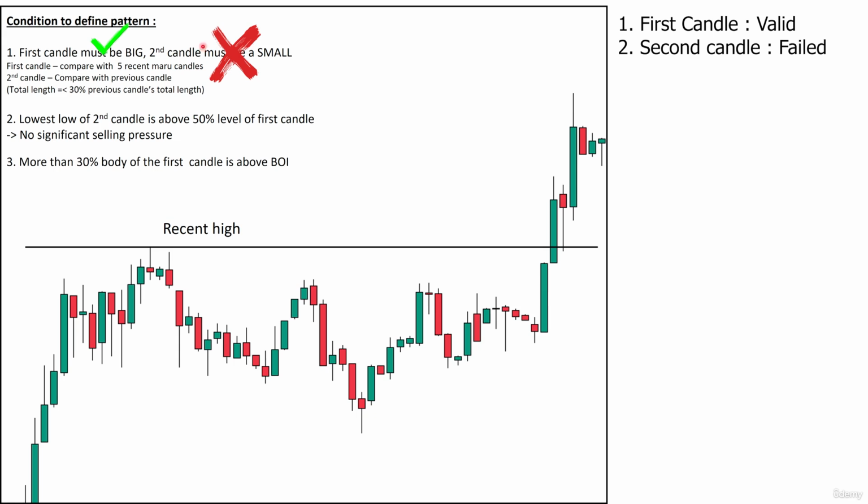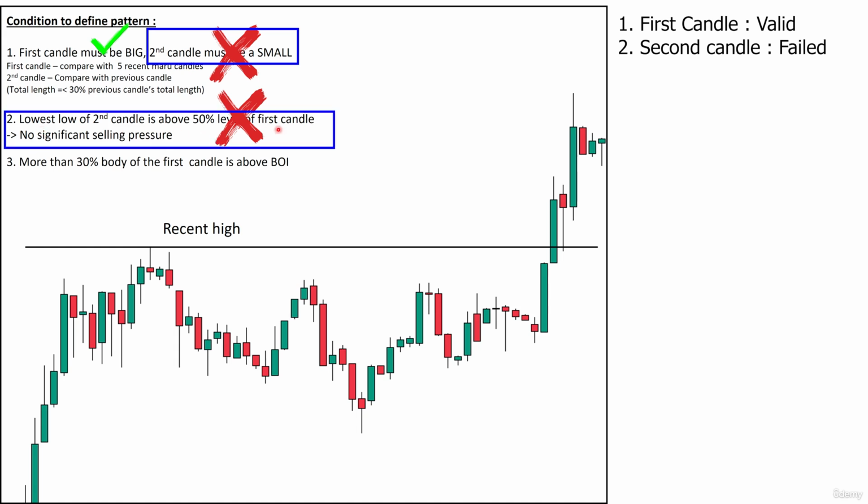And at this time, the next standard right over here fails also, because the lowest low of the second candle touches into the middle price of the first candle also. Therefore, this standard is also a fail. But this standard and this standard are judging the second candle. Therefore, totally, we always see that after this standard and this standard, the second candle still fails.